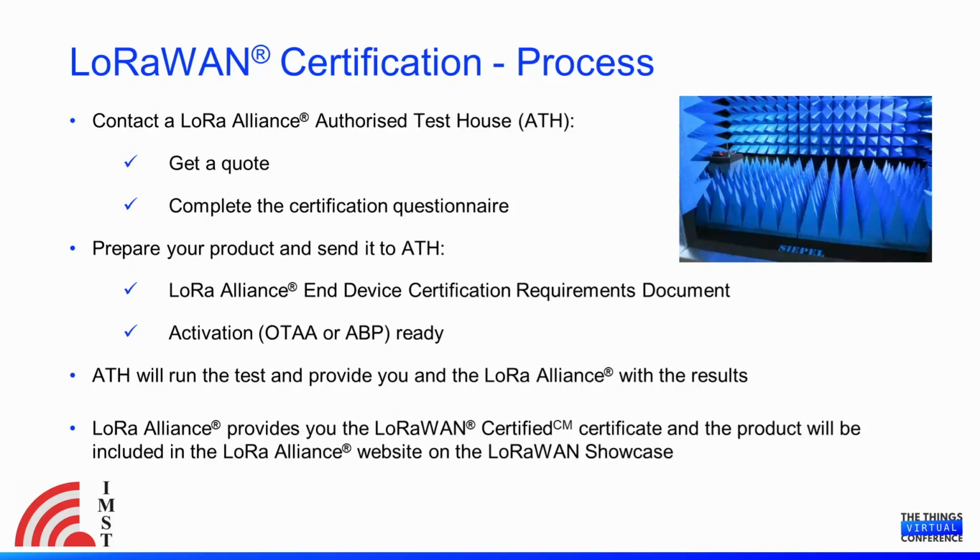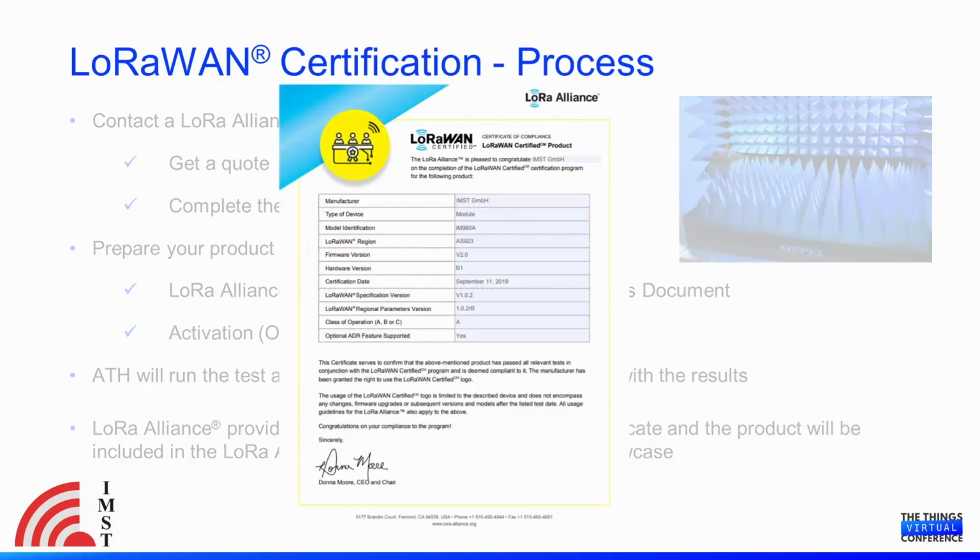The end device should be configured to be automatically LoRaWAN activated after switching it on to be able to run the test. The test house will run the test in an anechoic chamber and will share with you and with the LoRa Alliance the successful results. Congratulations!